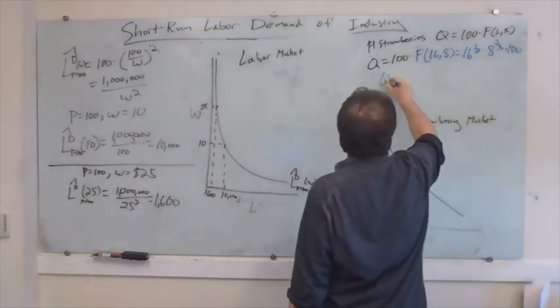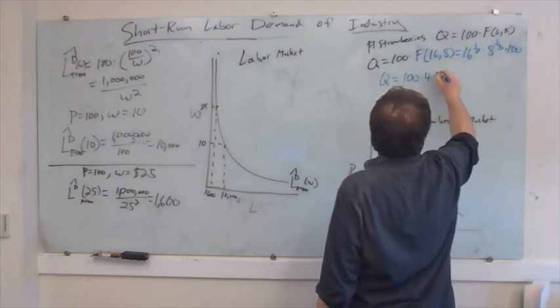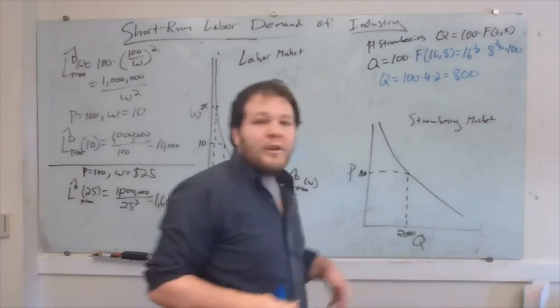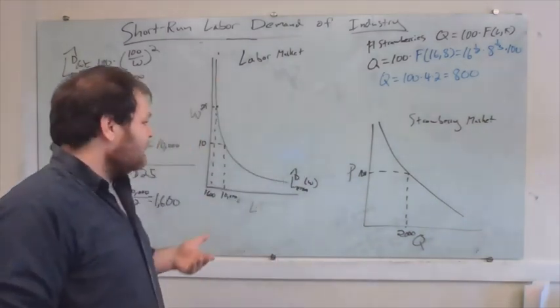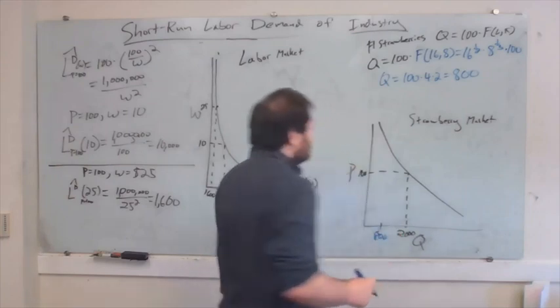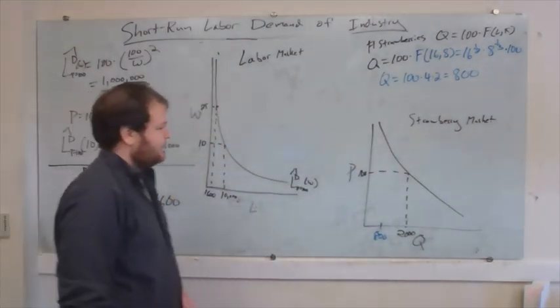So we're going to have a Q of 100 times 4 times 2, which is 800 tons of strawberries. So instead of growing 2,000 tons of delicious ripe California strawberries, now we're only going to grow 800 tons, as a result of this increase in wage.